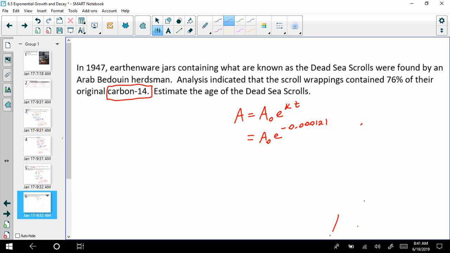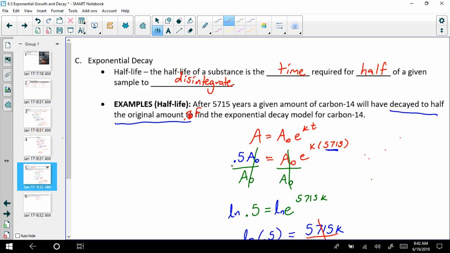Do I know a time frame? No, and that's what I'm trying to find. I'm trying to figure out how old these things are, so I am looking for t. And now the question is, what am I going to set this equal to? Well, it didn't tell me my final amount, but it did say when they found it, we had 76% of the original carbon-14 left. So notice what I did on the previous problem.